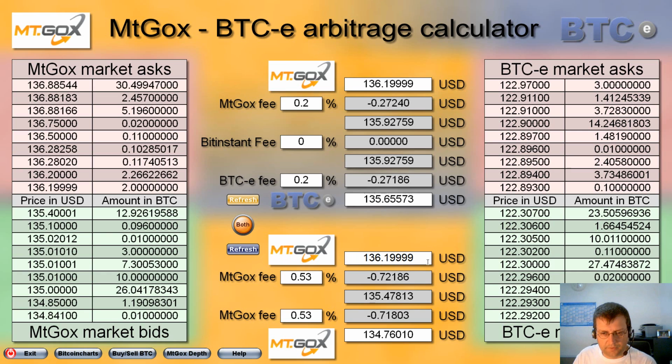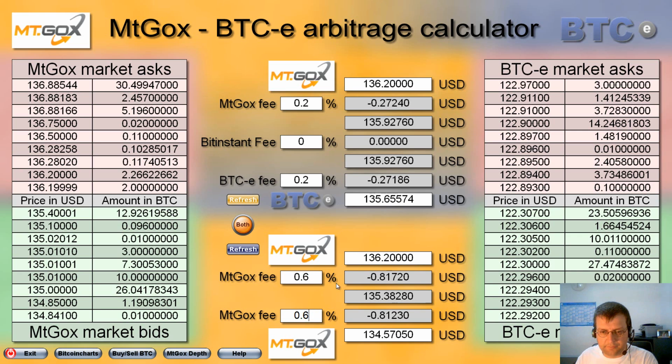this is 136.20. I just click on this, and then I can buy back for this amount with my trading fee. And if you have a trading fee of 0.6%, this is even worse.